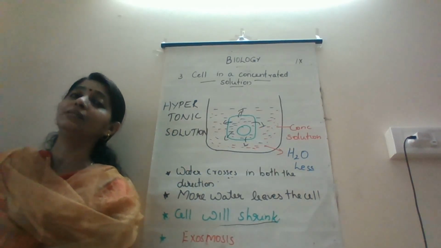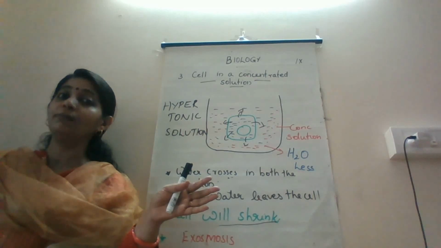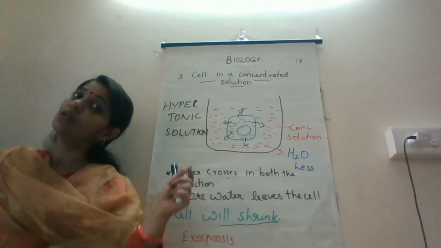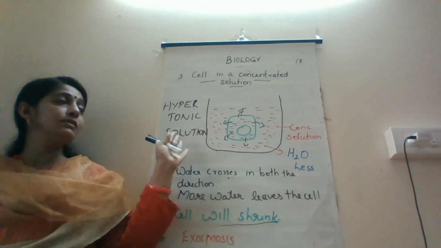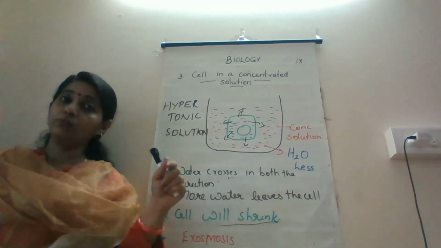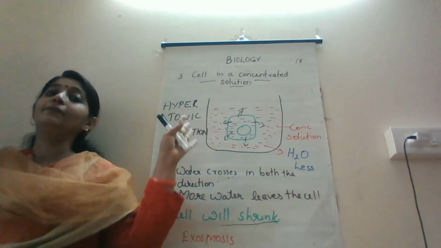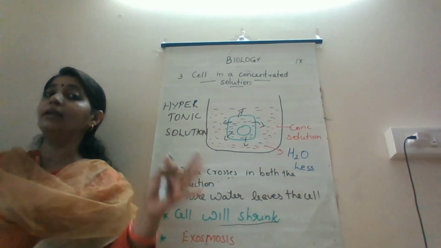So if we put the tender mangoes in concentrated salt solution, the mango will lose water by exosmosis and the mango will shrink. That is an example for exosmosis. So this is about the three different types of solutions: hypotonic, isotonic, and hypertonic.